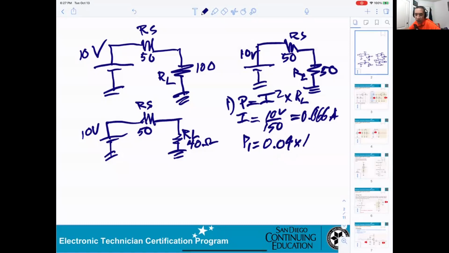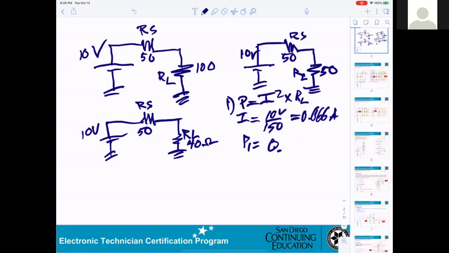It's 0.44, correction. It's 0.44 watt. You say wrong, right? Yes, the answer is 0.44 watt. Okay. That's the first one.